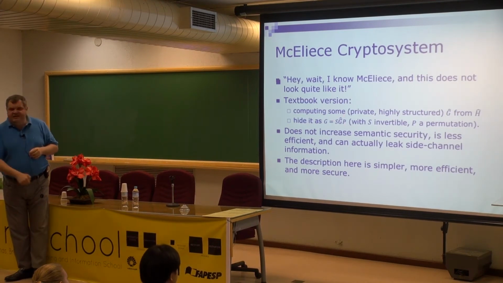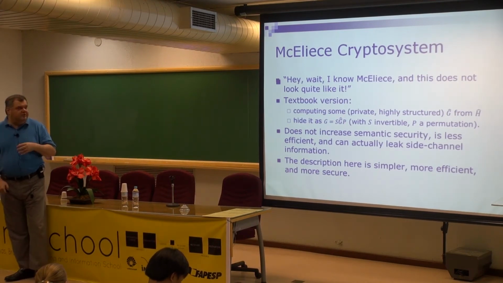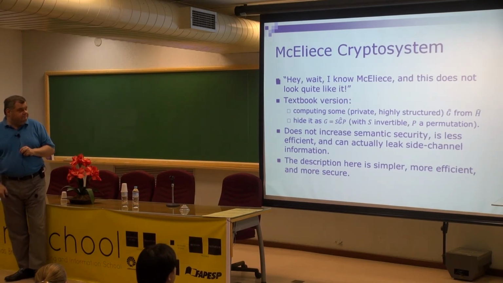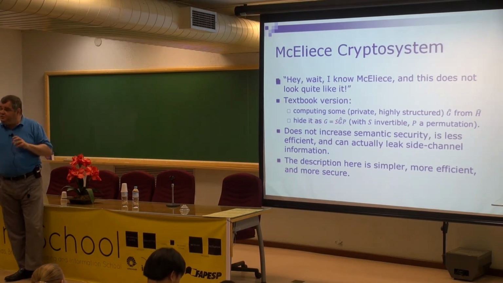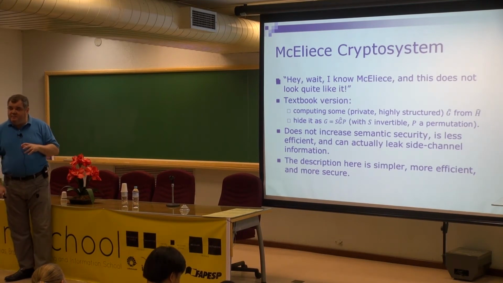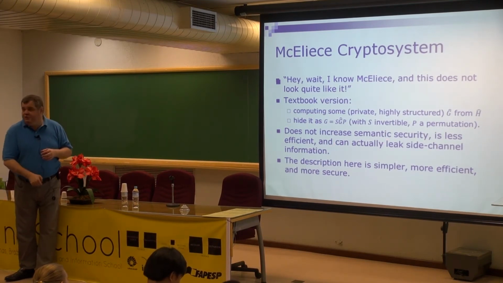This description is actually equivalent from a security point of view to the one I just used here. Because the actual form of the scramble matrix S is relevant for security, particularly for semantic security.